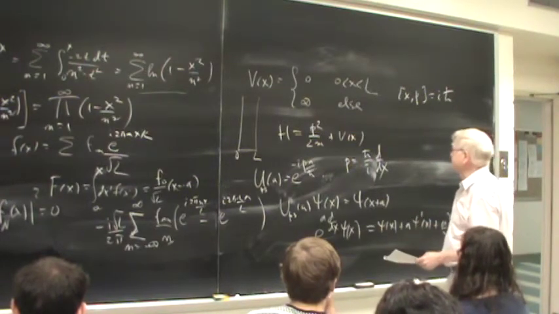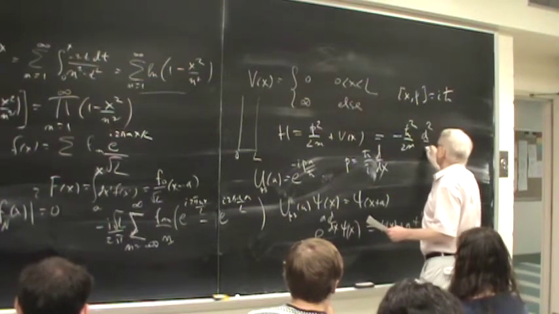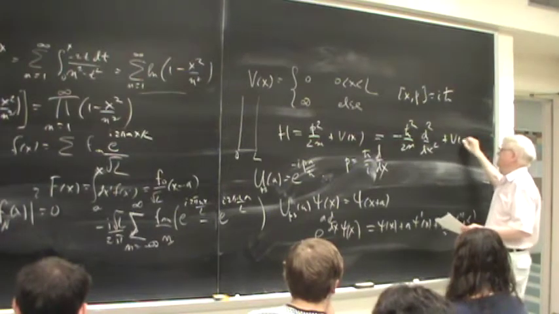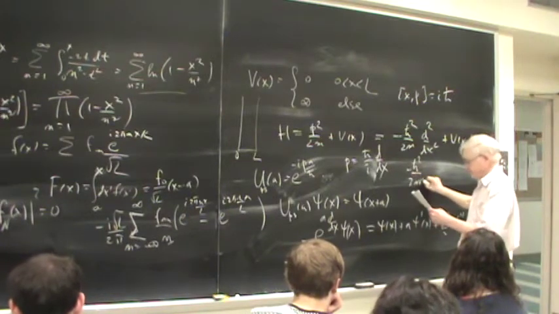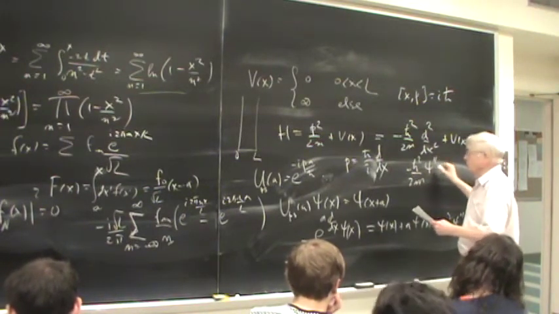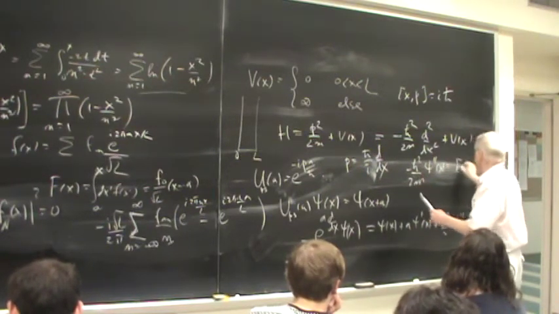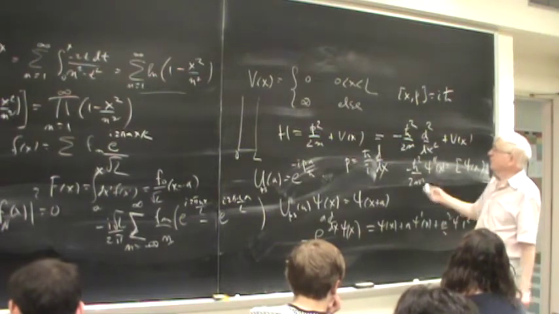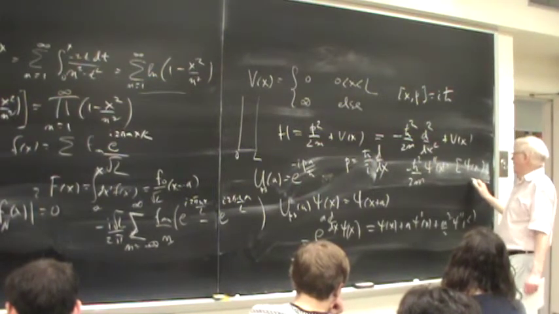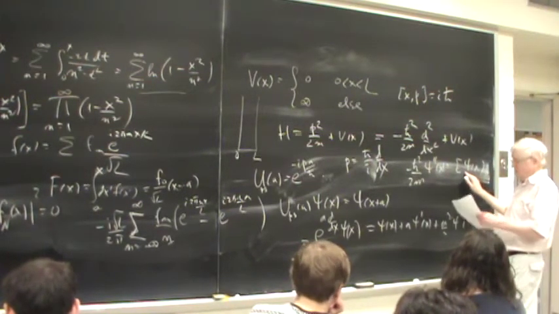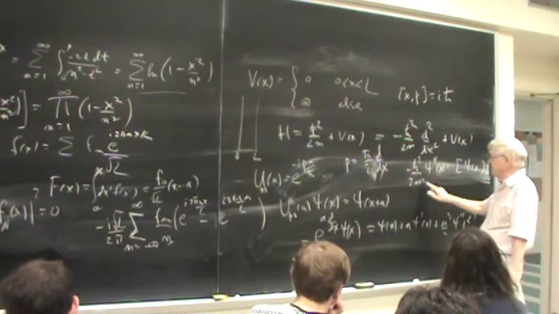Okay, so we can solve this. This Hamiltonian then is minus h bar squared over 2m d2 dx squared plus V of x. And we want to solve the equation: minus h bar squared over 2m psi double prime, where double prime means second derivative, equals E psi of x. Well, for x in this interval, this is the answer, and for x outside the interval, we have to add infinity over here.